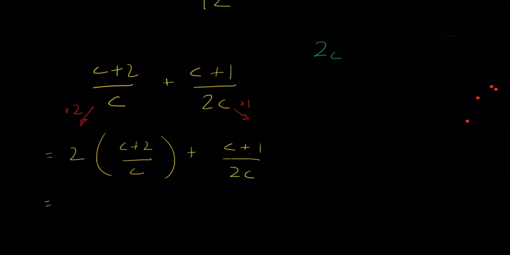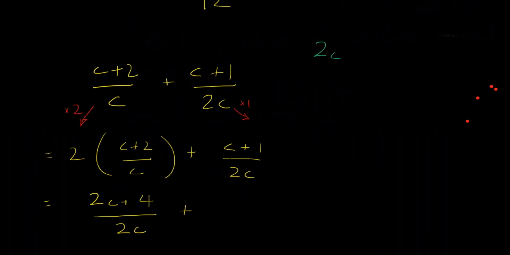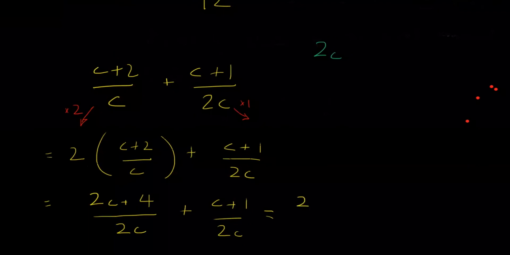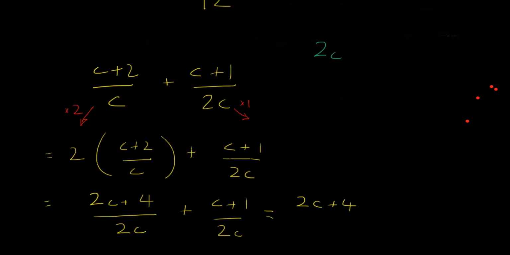It is equal to 2c plus 4, over 2c, and then plus c plus 1 over 2c. And I'll write it in long form. So it becomes 2c plus 4 plus c plus 1.